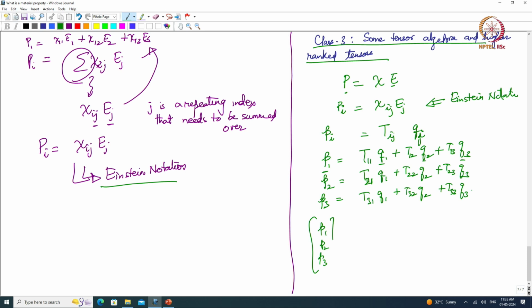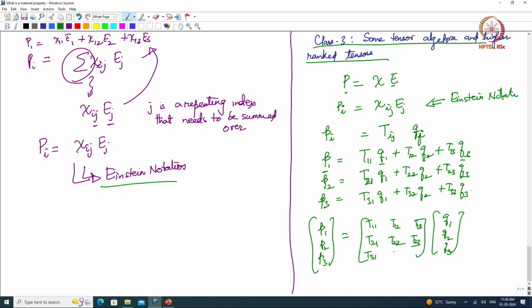If we have done some matrices, I can write P1, P2, P3 as a vector, related to Q1, Q2, Q3 through this tensor, which looks like a matrix, but there are a lot of differences. We should not be calling these property tensors matrices. Only the second rank tensor resembles a 3 by 3 matrix, but in general these are different. These are property tensors, and they transform differently from matrices.